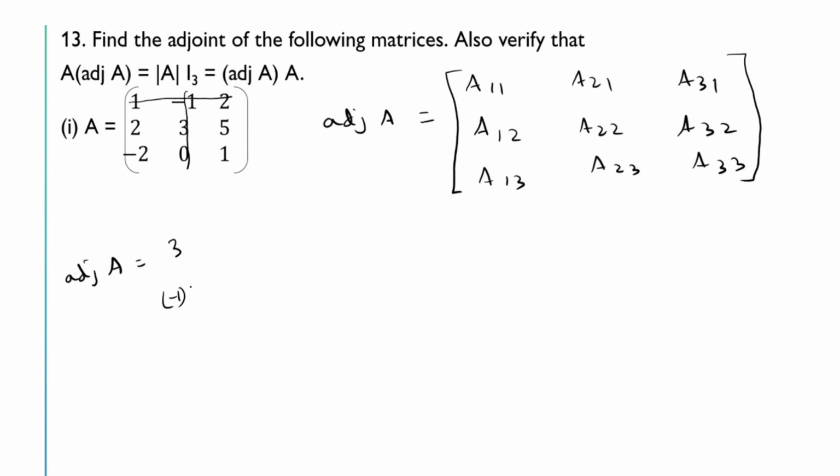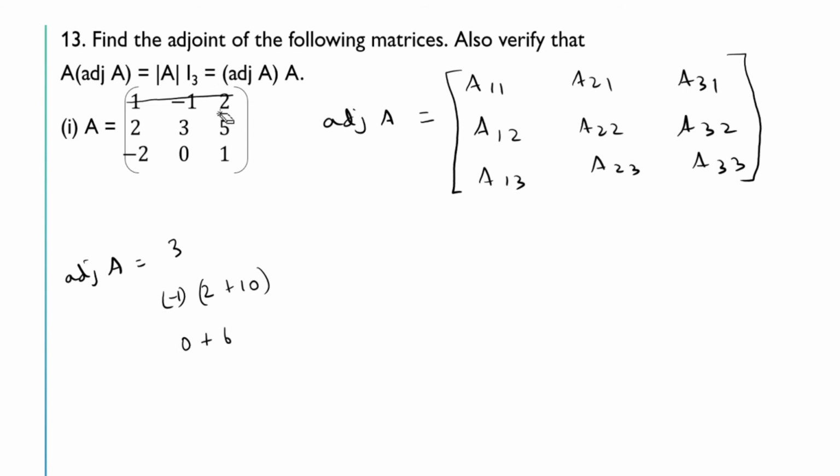So it is 2 plus 10. And then the cofactor of A13 is deleting the first row and the third column. Since it is minus 1 raised to 1 plus 3, it is plus 1. So it is 0 minus of minus, plus 6.